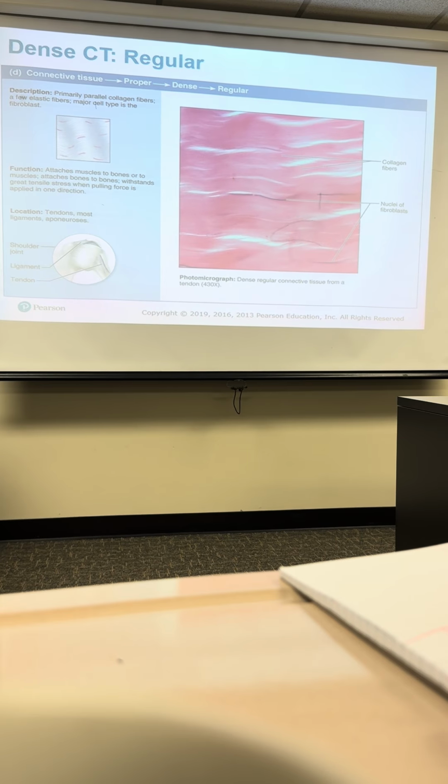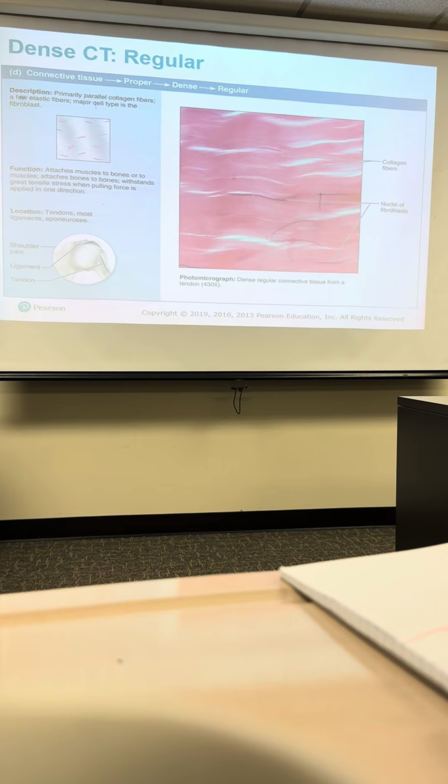So now let's move to the dense connective tissue proper. When we say dense, do you see the difference with the loose and the dense? When you see the dense, what do you see? The fibers are very, very dense, close to each other, number one. Number two, the name is not only dense connective tissue proper, but also regular dense connective tissue proper.